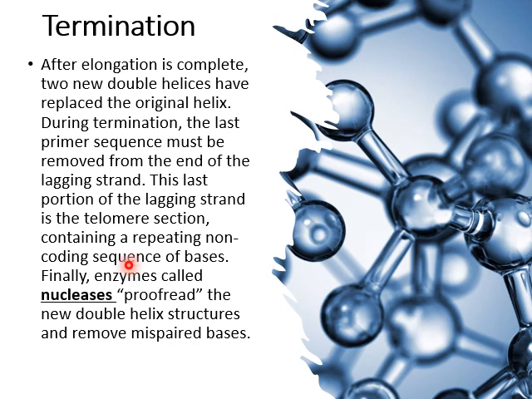And once everything is done, then the DNA is completed, and the double-stranded DNA now becomes a duplicated exact copy of the original. And that is the basic description of DNA replication in microorganisms.